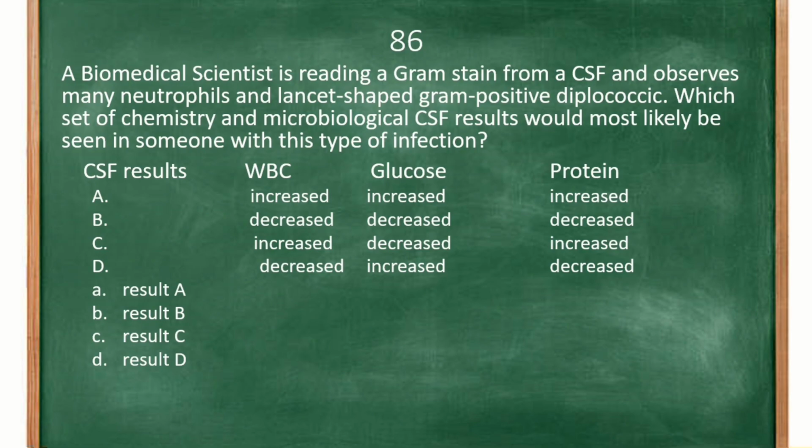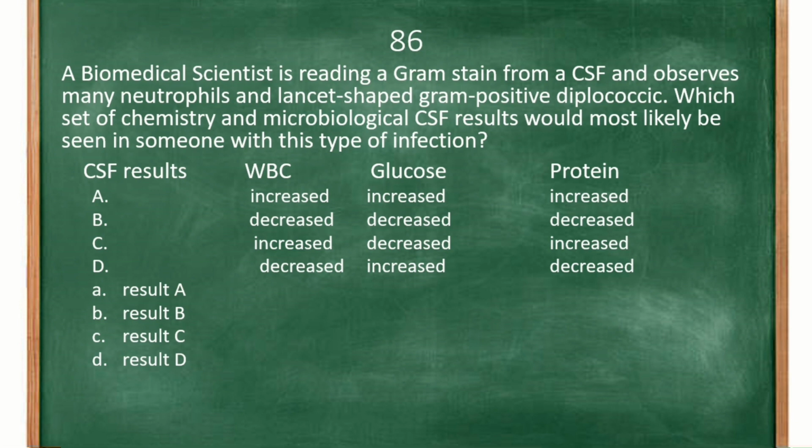So A will have an increase in WBC, an increase in glucose, and an increase in protein. Then B will have a decrease in WBC, a decrease in glucose, and a decrease in protein. Then C will have an increase in WBC, a decrease in glucose, and an increase in protein. And then option D, we have a decrease in WBC, an increase in glucose, and a decrease in protein.